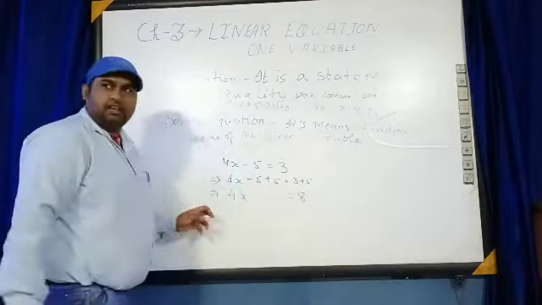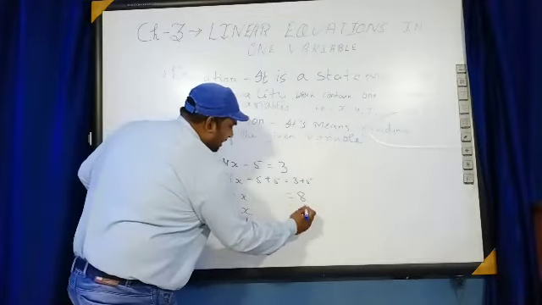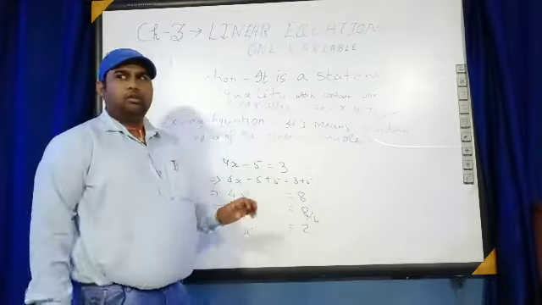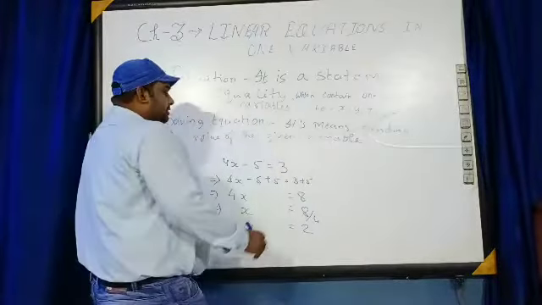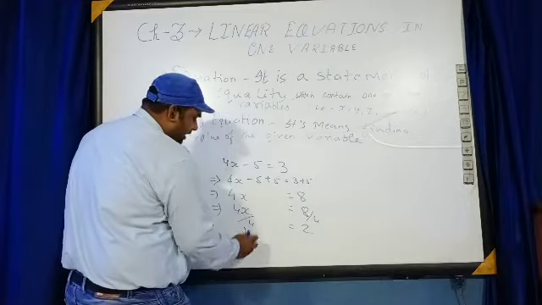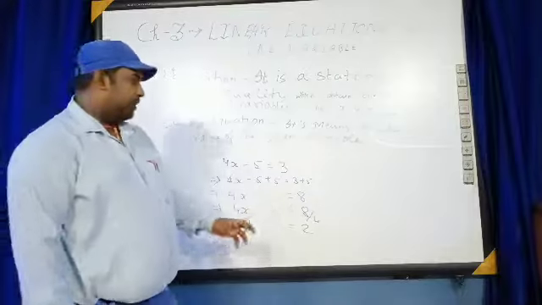Then 4x is equal to 8, so x is equal to 8 by 4, x is equal to 2. This is one method. Here we have divided both sides by 4, and we got the final answer, because we are using the cancellation process.